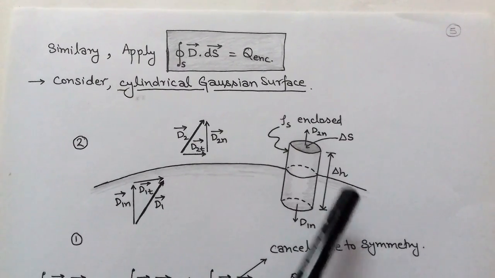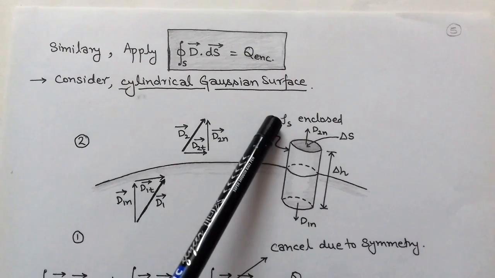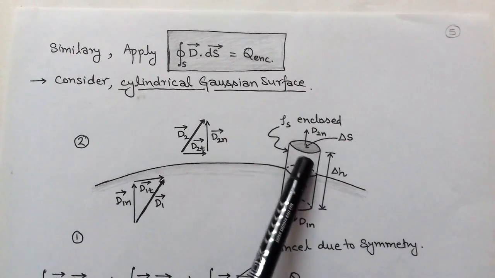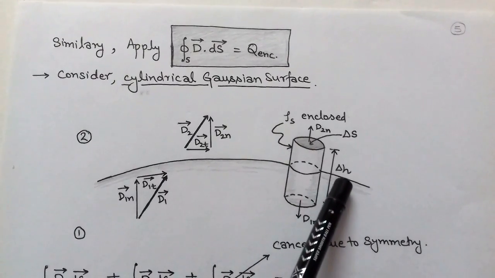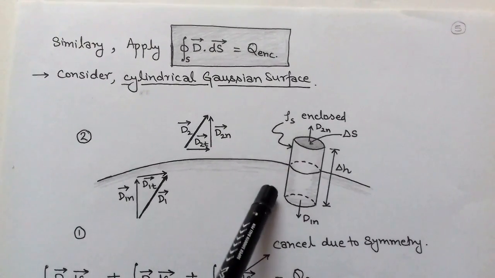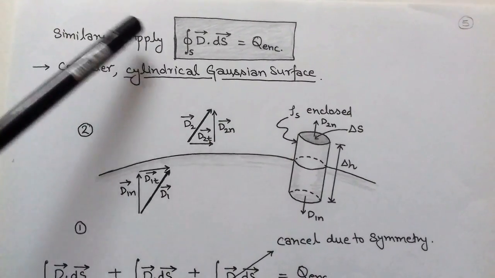This closed cylinder has a surface charge density rho s and its cross-sectional area is delta s. This cylinder has a total height of delta h, meaning half of delta h is within region 1 and half is within region 2.